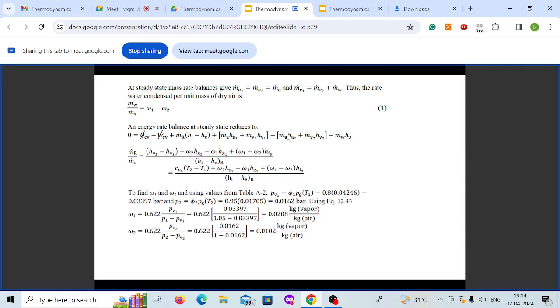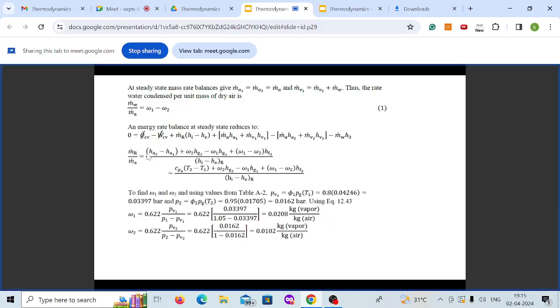Dividing the whole by the mass of dry air and simplifying to get m dot r by m dot a, we get the change in enthalpy of dry air between the states, plus omega 2 hg2 minus omega 1 hg1, plus (omega 1 minus omega 2) into hf3. Here hf3 is the enthalpy of the liquid water coming out, all divided by hi minus he of the refrigerant, which is given.